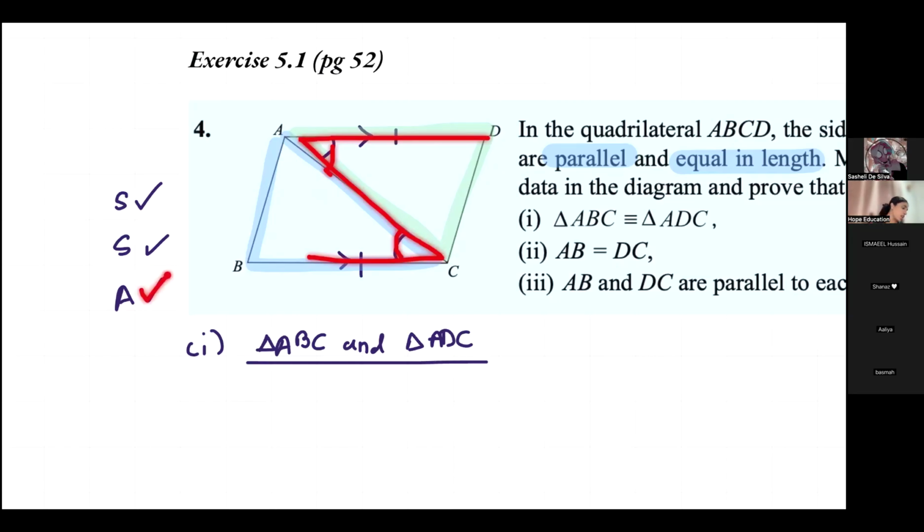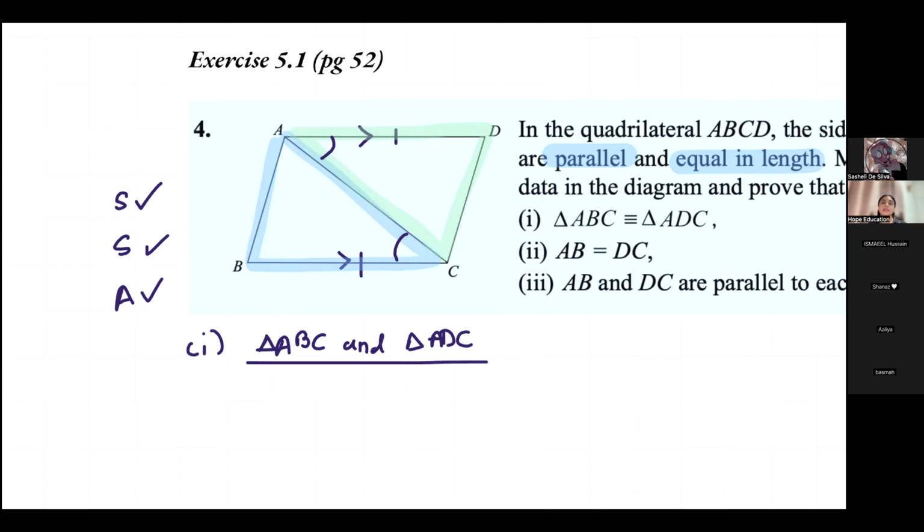What else can you see are equal in this diagram? What are the other elements equal in these two triangles? AB and DC.